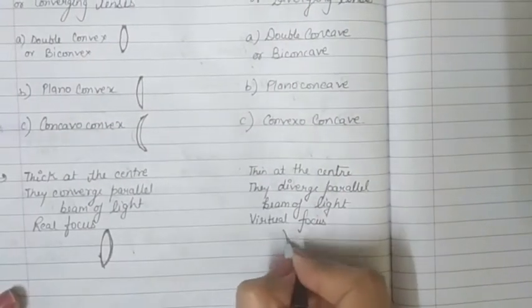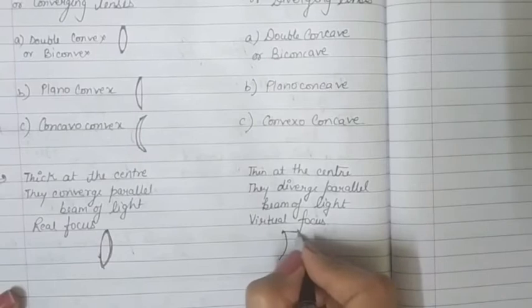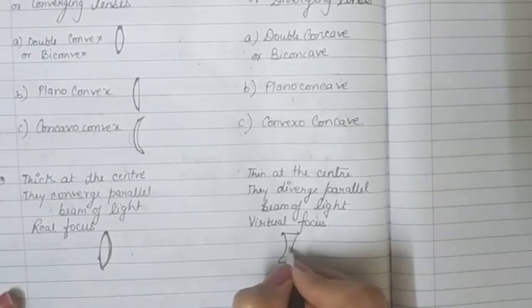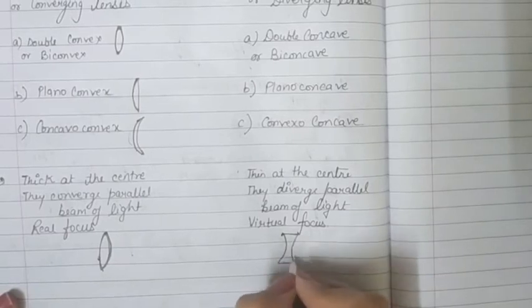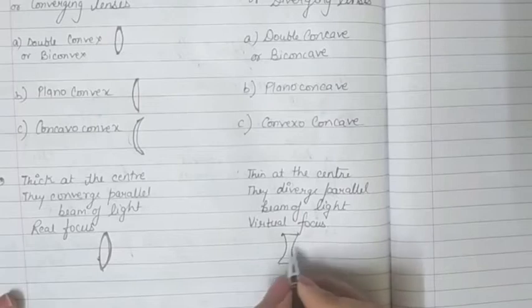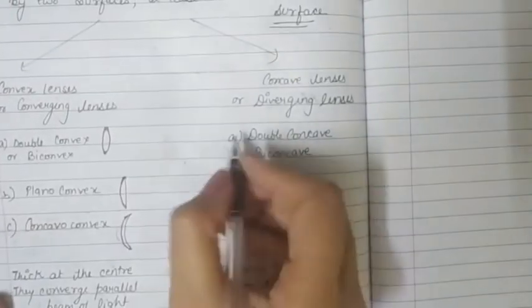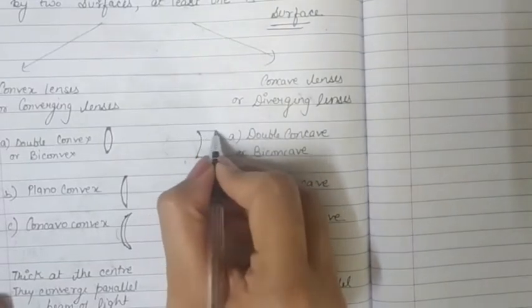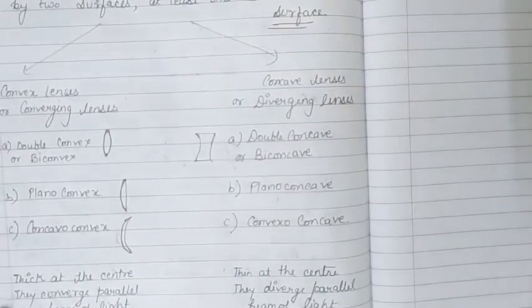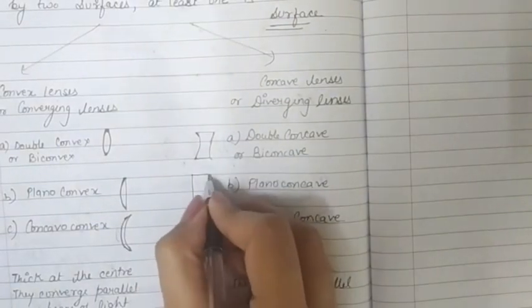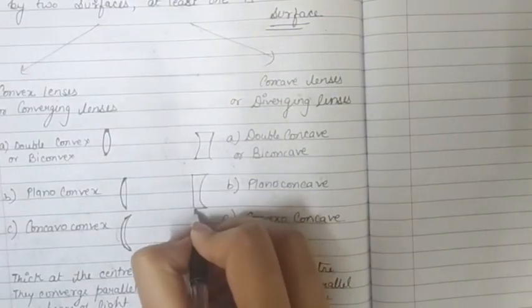and we can make a concave lens like this. If the lens is like this, then it will be thin at the center and thick at the edges, then it is called a concave lens. A lens which has both surfaces curved or concave is called a double concave lens. But if one of the sides is plane, then we call it a plano-concave lens, right?